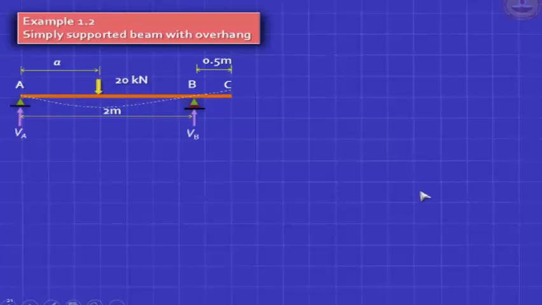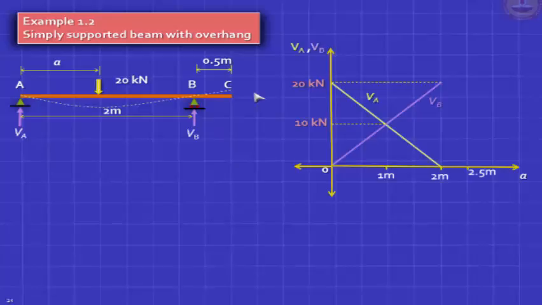If the load is here, then what I can do in my mind is, if I want to find VA and VB and I restrict A to this, I can throw away BC in my mind, make it simple, and I can draw the same thing. Is it clear? As long as this load does not encroach into the overhang, the answer is very clear. 20 kilonewton in the middle will give 10 here, otherwise it will be 20 here, 0 here, 20 here, 0 here. So the same picture.